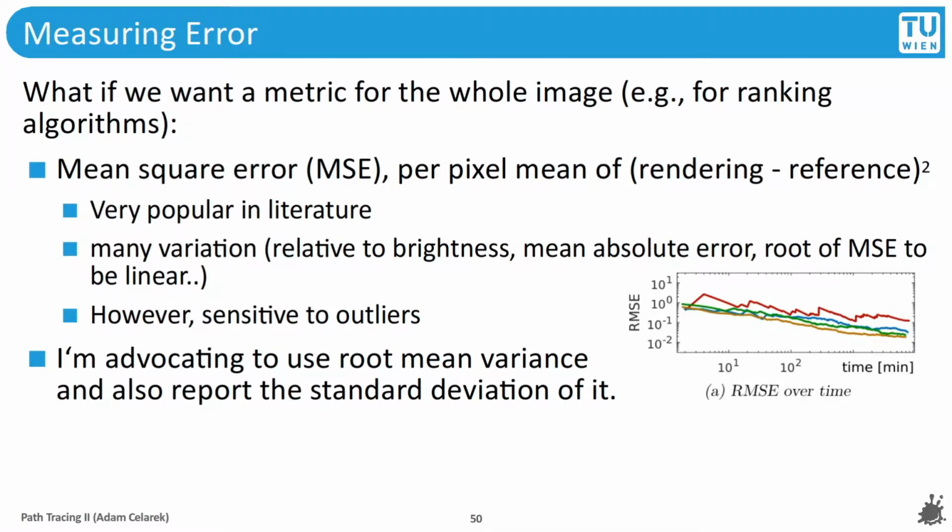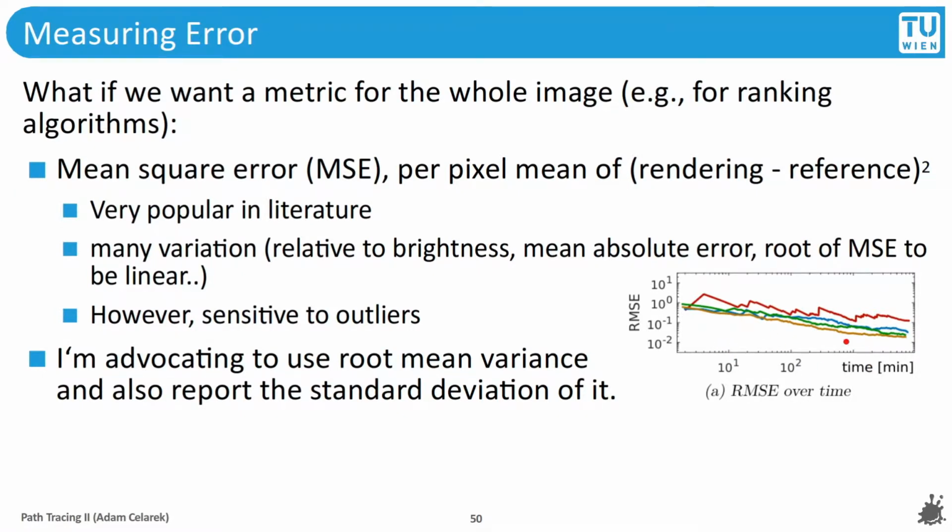All these methods are sensitive to outliers, fireflies in the case of path tracing. That I've tried to visualize in here, where we have the number of samples or the rendering time on the x-axis and the error on the y-axis. This is a logarithmic plot, and as we have learned, the error should go down with time.